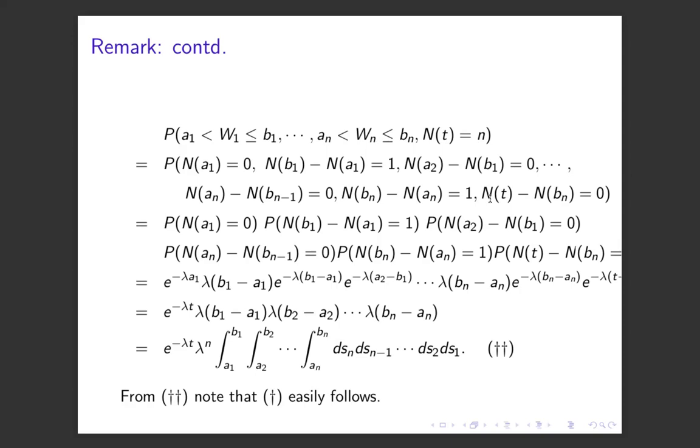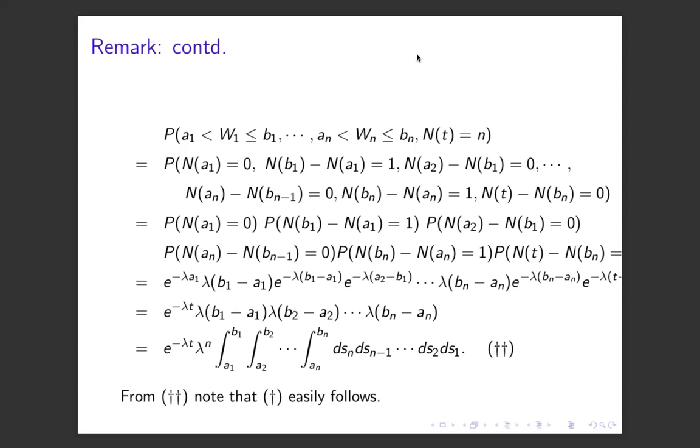Therefore, Nt minus N(Bn) equals 0. This is similar to the kind of argument we used in the unconditional derivation of the PDF of W1, W2, ..., Wn.